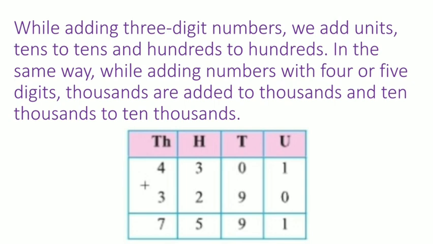Now at the hundreds place, 3 plus 2 we get 5. And at the thousands place, 4 plus 3 we get 7. So the sum of 4301 plus 3290 is 7591.